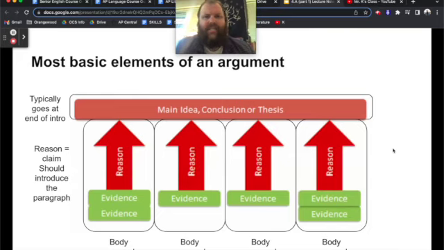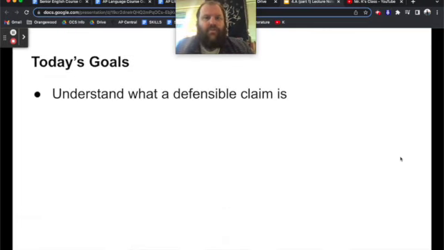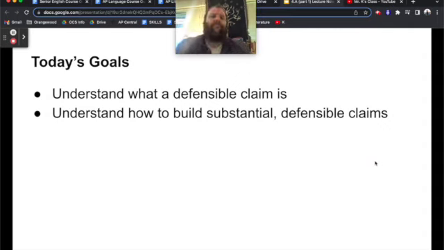Once you get these pieces down and you know how to put them together and structure them well and communicate clearly, man, it can be life changing, right? World changing for sure. So, just a last look at the goals. Today, we wanted to understand what a defensible claim is, and we wanted to understand how to build substantial defensible claims. So, I hope this video helped us do that, and I will see you next time, my friends.